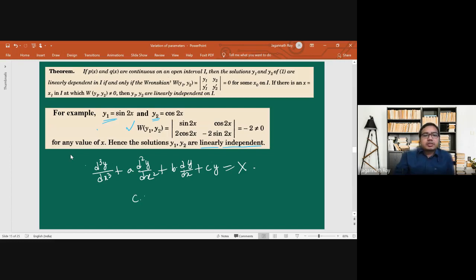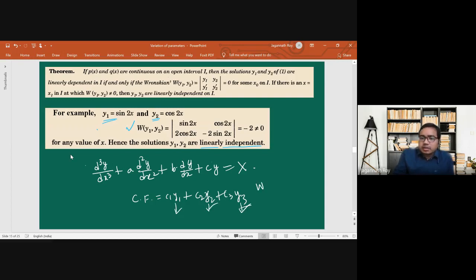Here the complementary function will be c1 y1 plus c2 y2 plus c3 y3, so y1, y2 and y3.